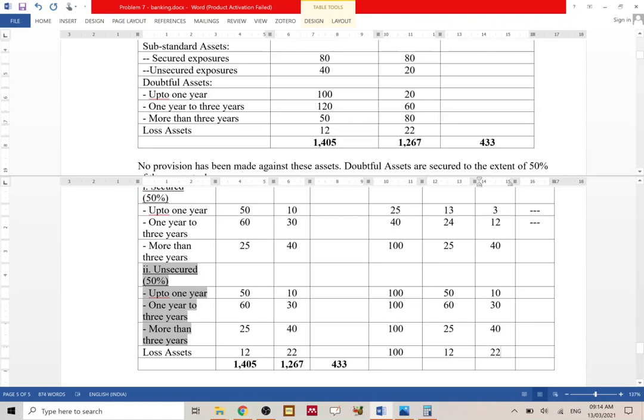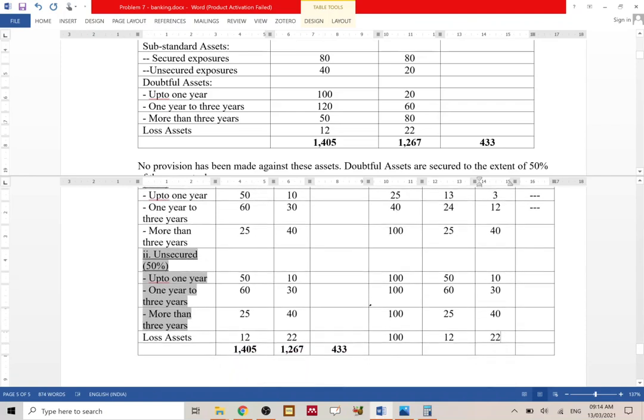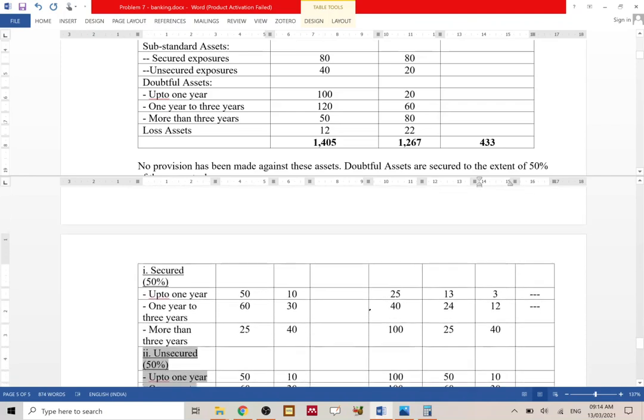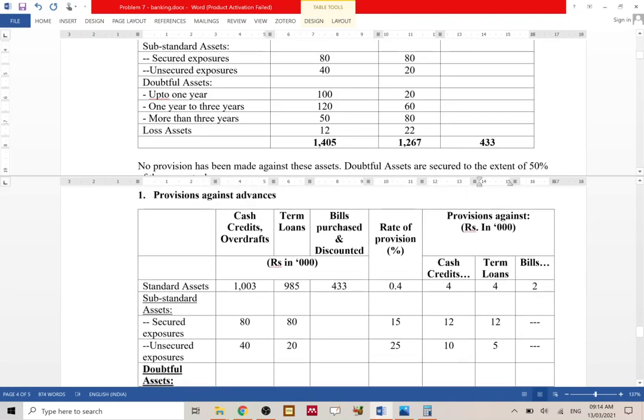Very simple. So the total calculation that we have done of each one of the provisions, you get the provision for all of these, and we have provisions for each: cash credits, term loans and your bills.